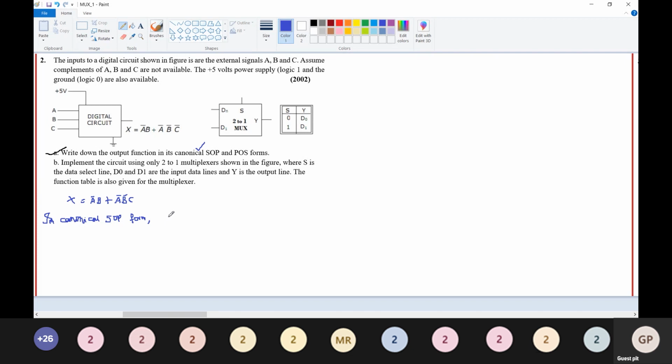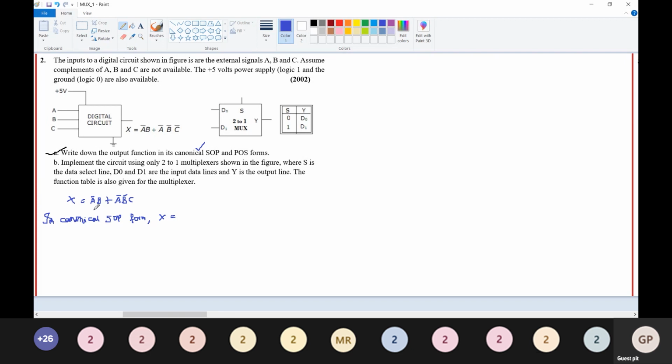In canonical SOP form, to convert this we are going to insert the missing letters. That is the main concept in converting a general expression into a canonical one. Each product term should have all the variables or literals, in either true form or complement form.